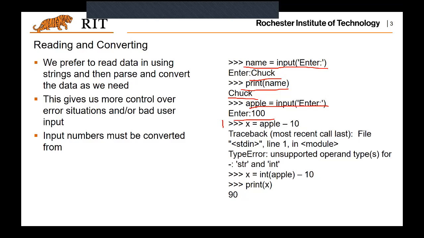But as you can see, this apple is a string, which is the number 100, but without the data type conversion, this apple is used directly in apple minus 10, and no doubt there will be an error message here. Basically, you need to do the type conversion and then do the subtraction. And it turns out you could successfully do this subtraction.